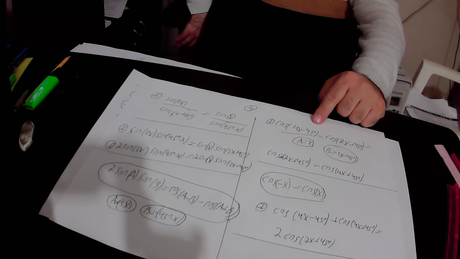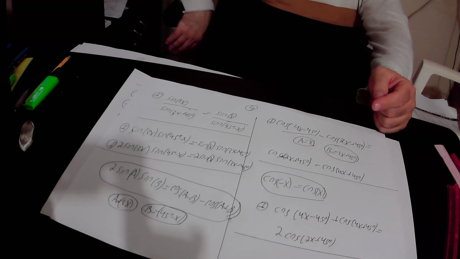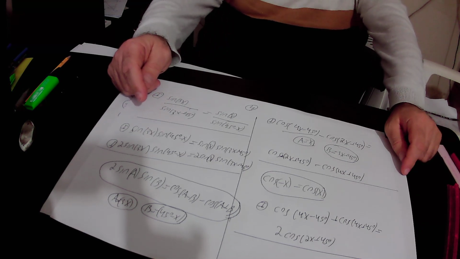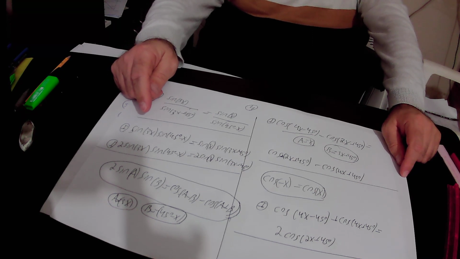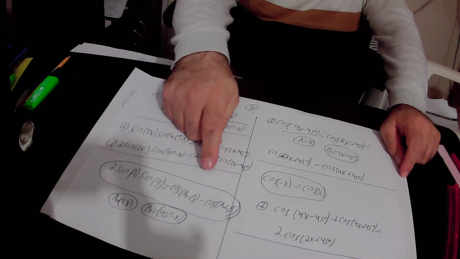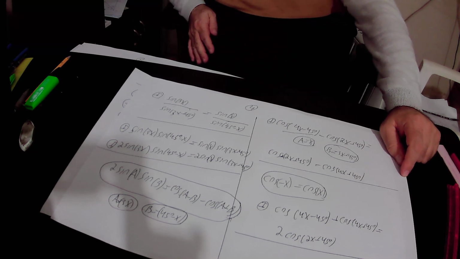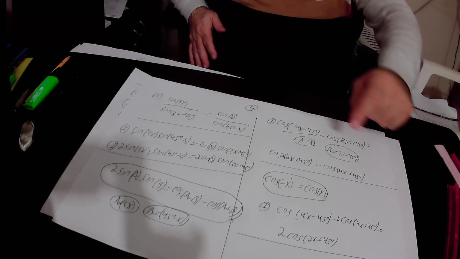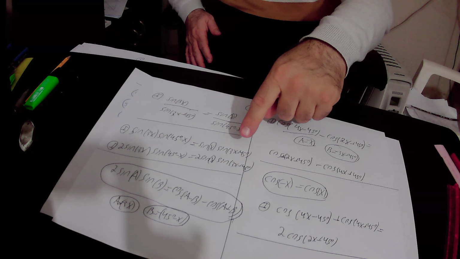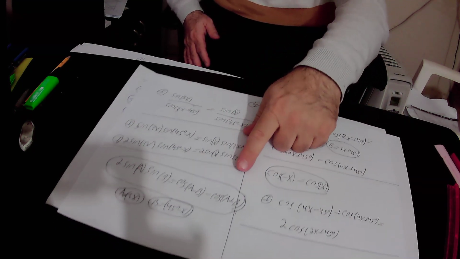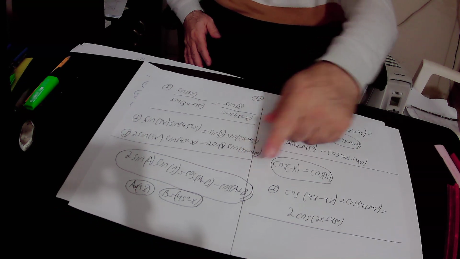So we got cosine 4x minus 45 degrees for this expression, and we also must subtract cosine a plus b from this equation. According to this trigonometric identity, we also must subtract cosine a plus b.